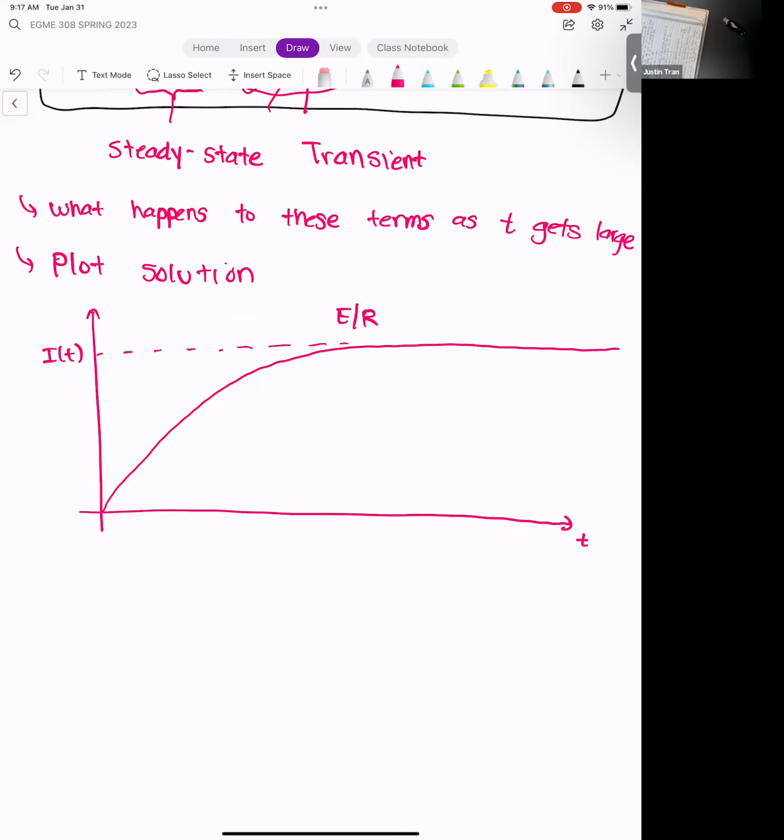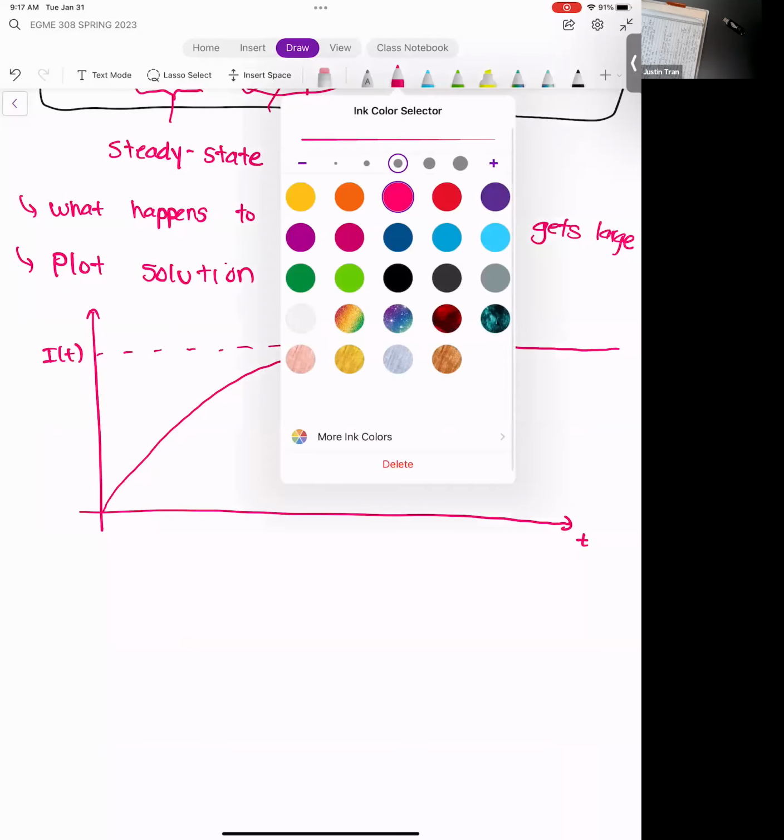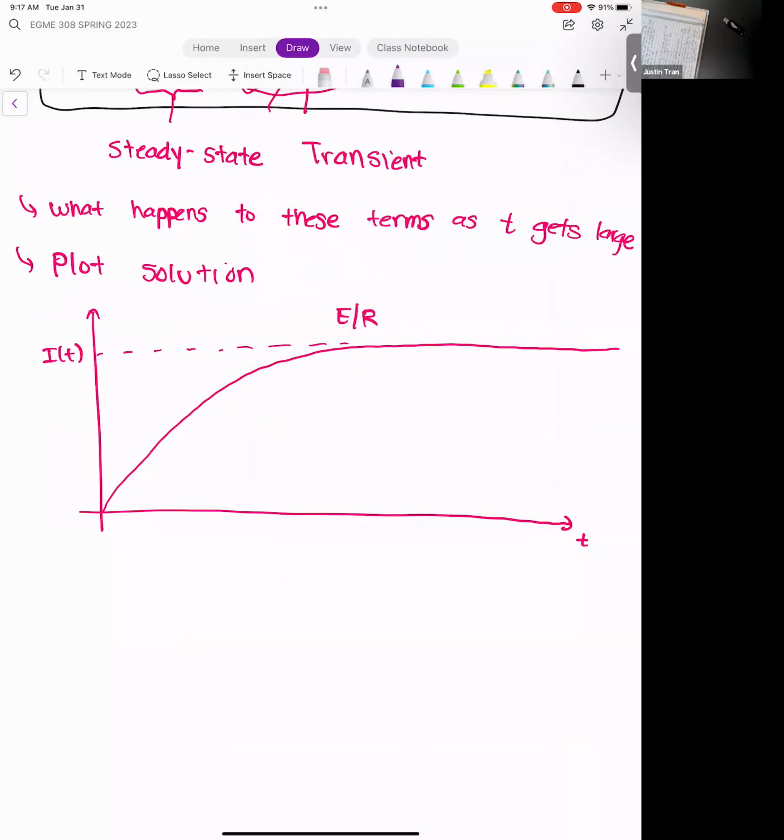Now you can visually see what it means to be transient and what it means to be steady state. Look at this initial part of the solution here. This is the transient. Basically, this is the part of the solution where the transient part is going to dominate.